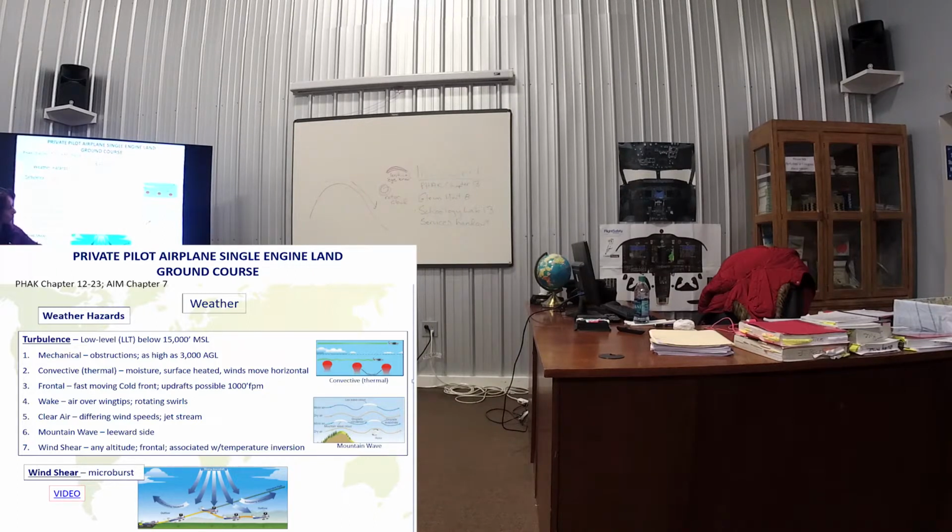You make it through this part, now you have a tailwind, and all of a sudden you have full power. You're probably ripping your airplane apart. So the danger is you have a headwind, then you have a total downwind, then you have a tailwind. Called a microburst, the worst wind shear.